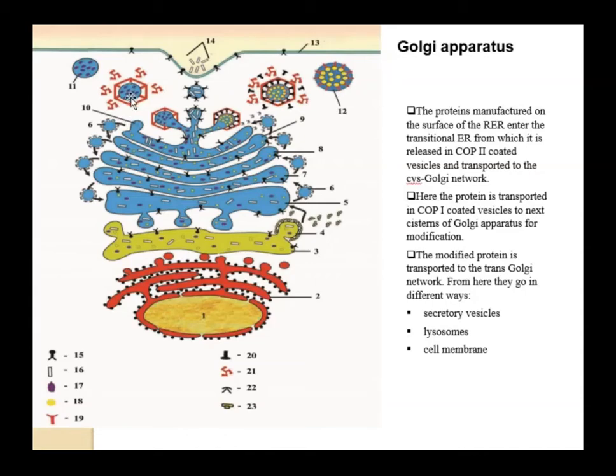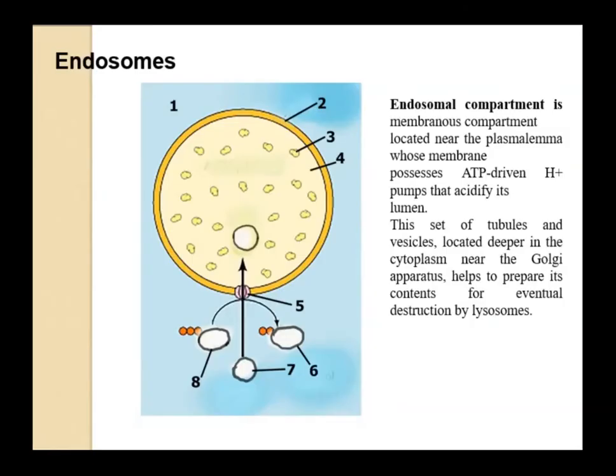So let's go to the next compartment of the cell, that will be the endosomal compartment. It is a membranous compartment located near the plasmalemma, whose membrane possesses ATP-driven H pumps that acidify its lumen. This set of tubules and vesicles is located deeper in the cytoplasm near the Golgi apparatus, and they help to prepare its contents for eventual destruction by the lysosomes.